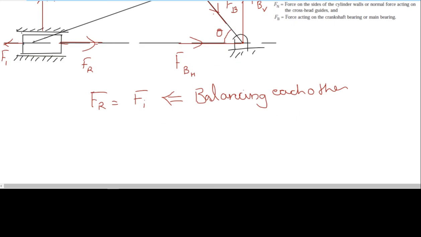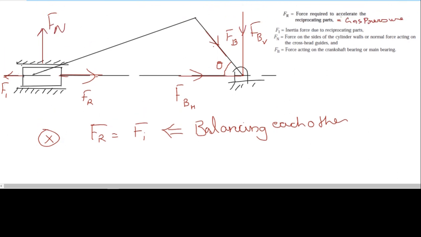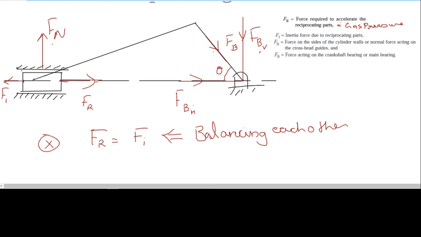So we need not balance this one. But there are three forces left. One is the normal force, another is the horizontal component of bearing force, and the third is the vertical component of bearing force. We don't consider Fb itself because we have already considered its components. So three forces Fn, Fbh and Fbv are still there.